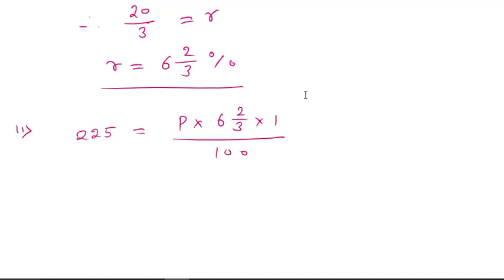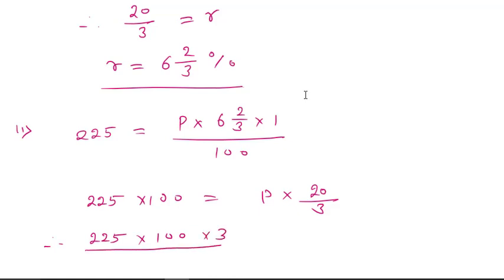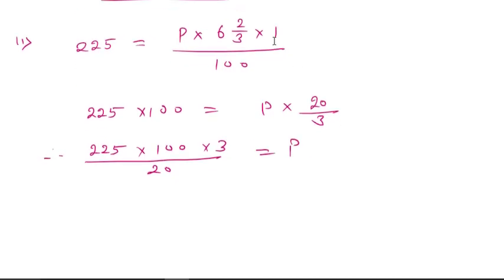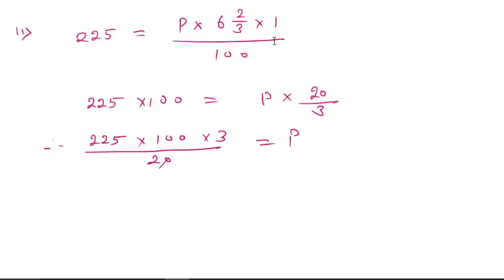This is our second calculation. So 225 into 100 will be equal to P into 6 2 by 3, which is 20 upon 3. So therefore 225 multiplied by 100 multiplied by 3 whole divided by 20 will give me P. So this 0 and this 0 I will cancel, and 2 5s are 10.